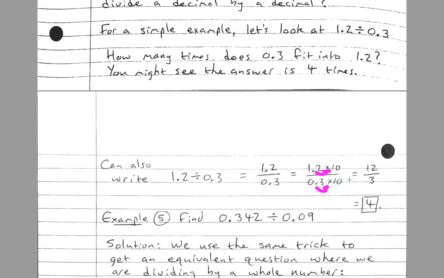Decimal point moves, so we get 12. All right, so 1.2 over 0.3, if you multiply top and bottom by 10, that's equal to 12 over 3. And that's an easier way to see that the answer is definitely 4. 12 divided by 3 is 4.